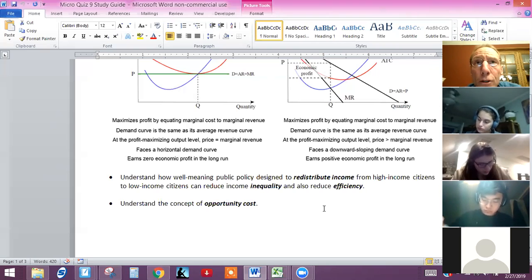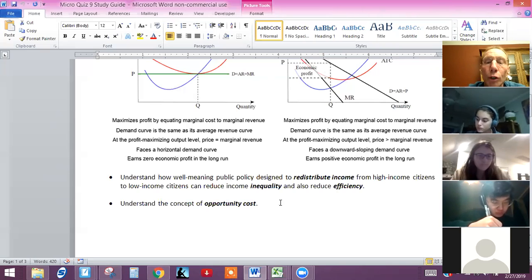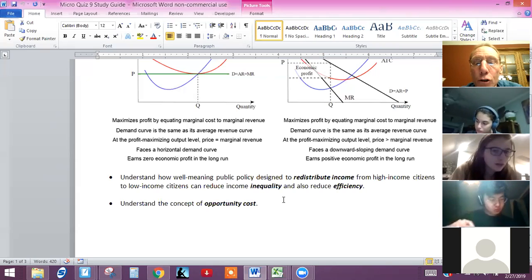But what happens when you tax higher income earners more, they tend to invest less. And when this type of policy reduces investment, that makes the economy less efficient. So what you gain, you're always going to have a trade-off.